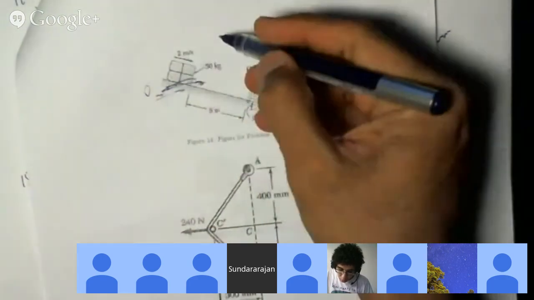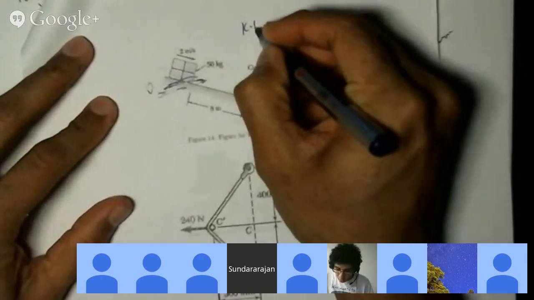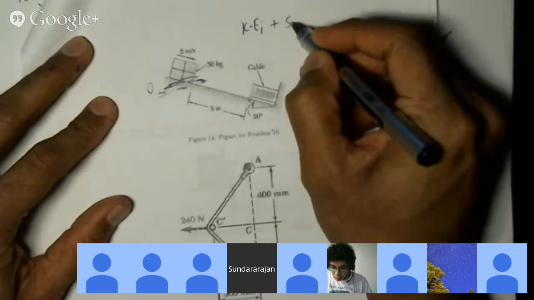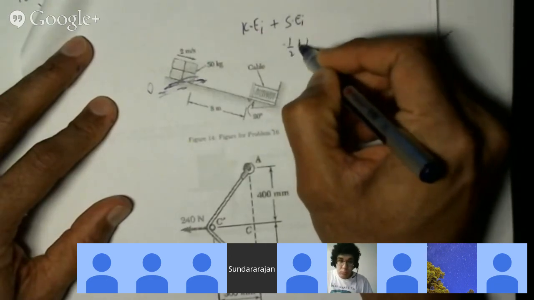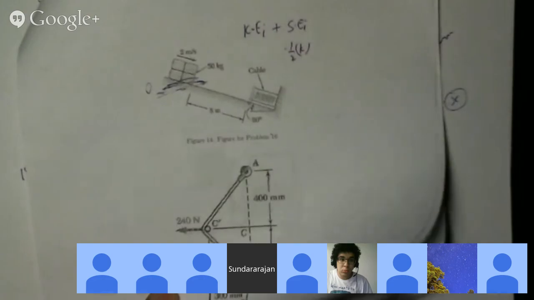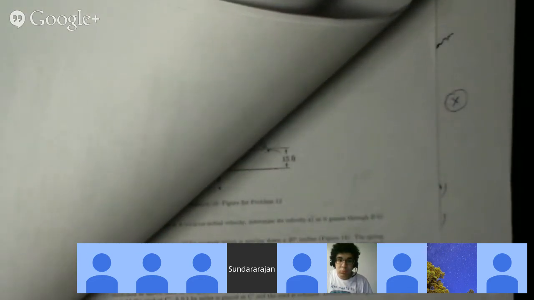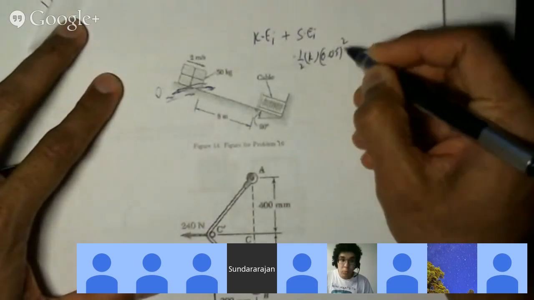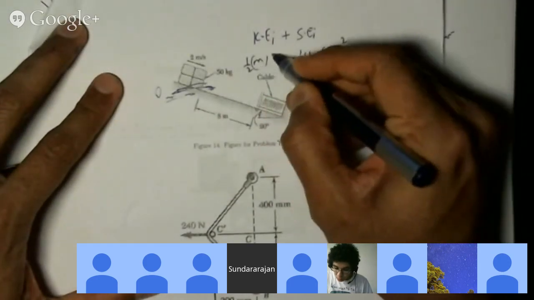Well, yeah. So here it is, the kinetic energy plus the spring energy. This is 1/2 k times 0.05 or something, right? How much is it compressed? 50 millimeters. Okay. So then 0.05. And this is 1/2 m times v squared.